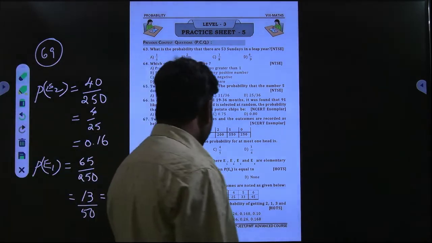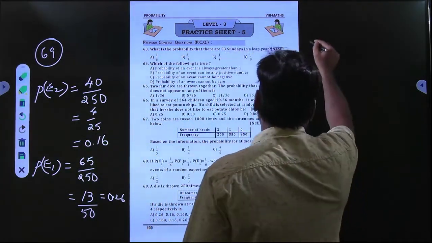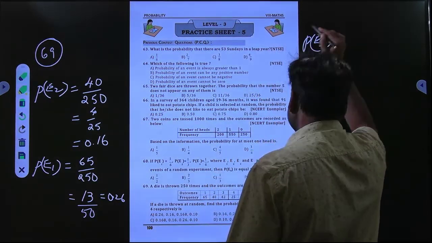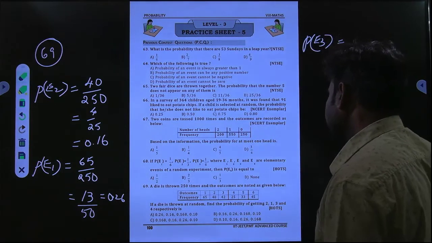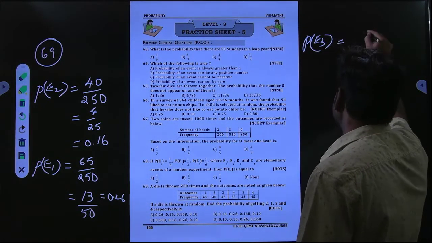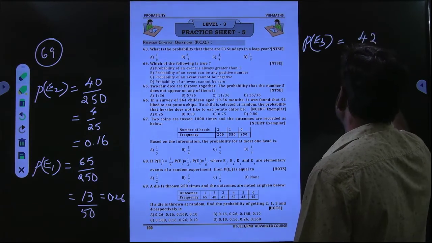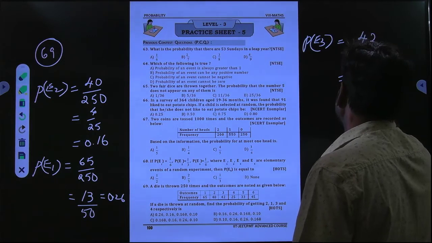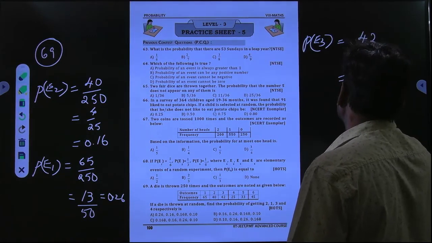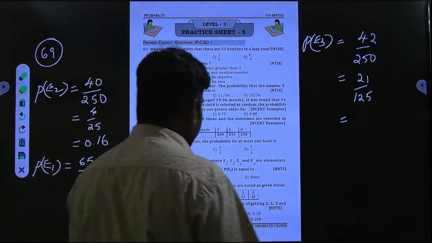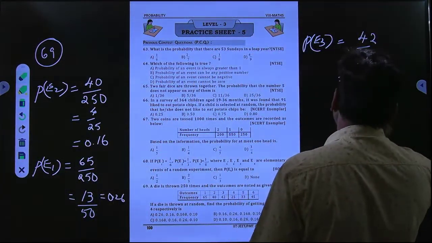Next, the probability of getting number 3, let us take it as P of E3. The frequency of 3 is 42. So the probability of getting number 3 is equal to 42 by 250, which is 21 by 125. If you simplify 21 by 125, you will get the value 0.168.